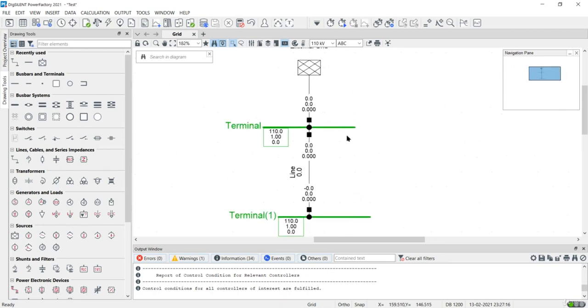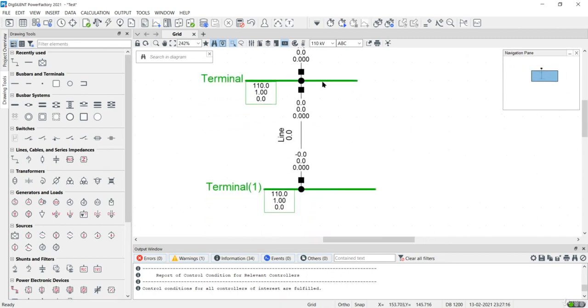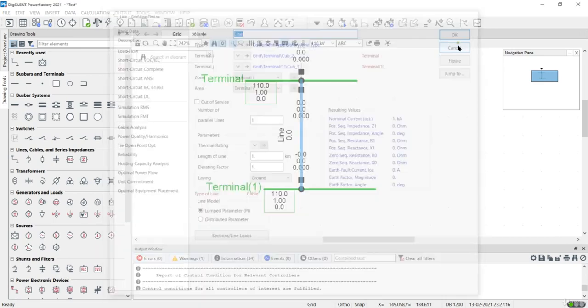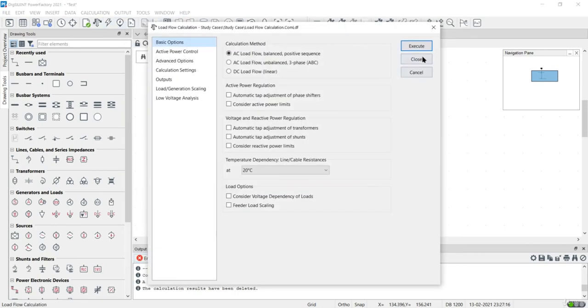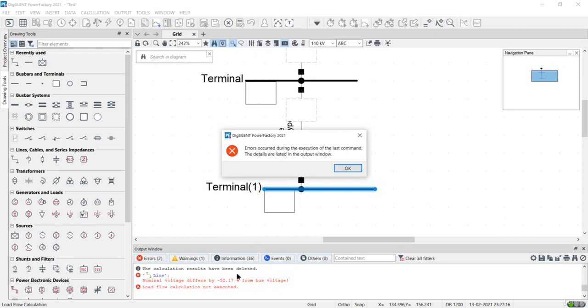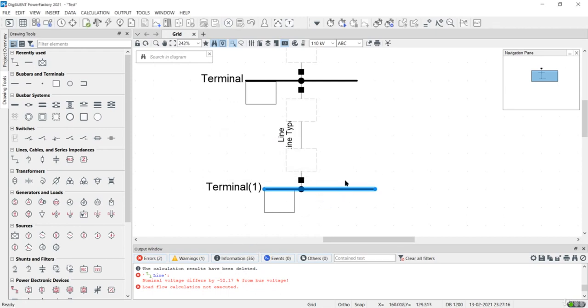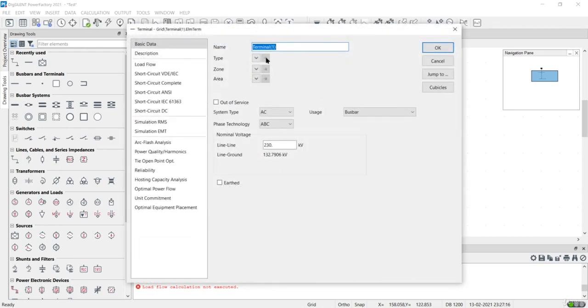You can see that both bus terminal voltages should be the same if it is a branch element like a line or cable. If your voltage was different, something like 230, PowerFactory will show us the error. To fix this, whenever you are connecting two buses with lines or cables, the voltage should be the same.